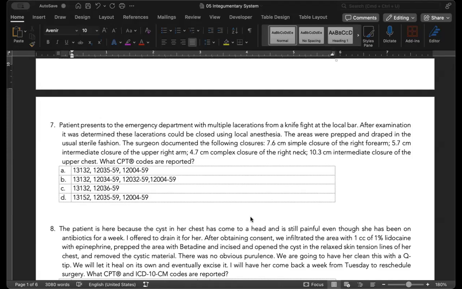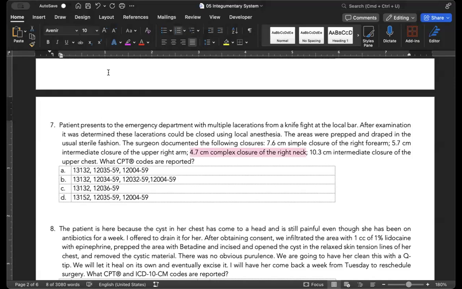Which one should be sequenced first? Your complex, your highest one. Yep. Your most complex procedure is going to be your complex closure. Okay. So we have a complex closure of the right neck.